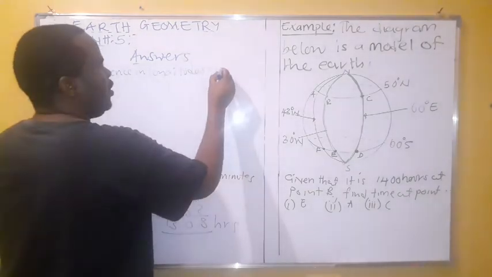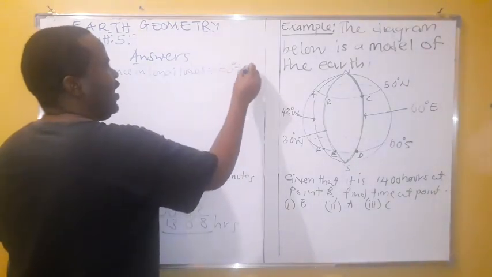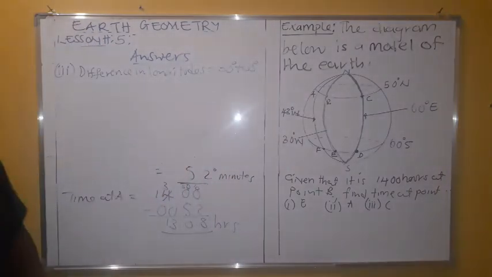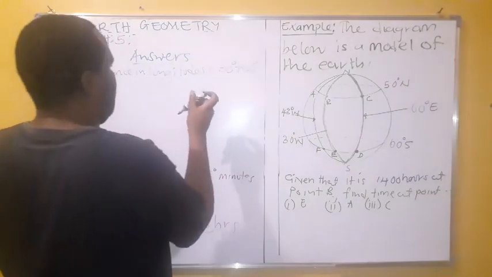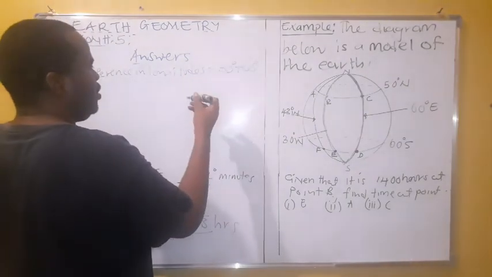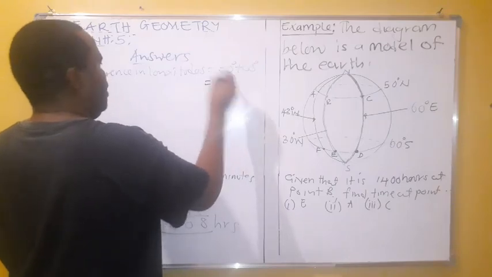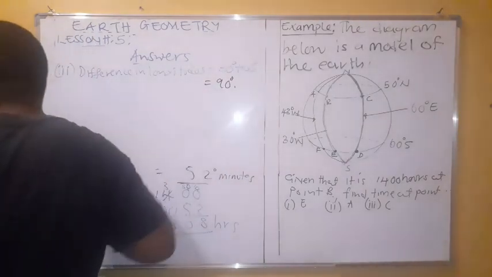So 30 degrees plus 60 degrees. So here we get 90 degrees. That's the difference in longitude.